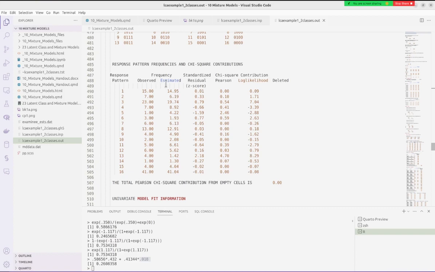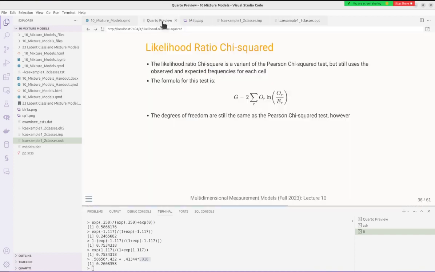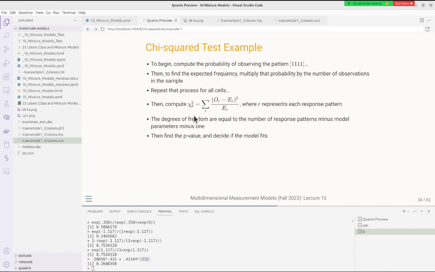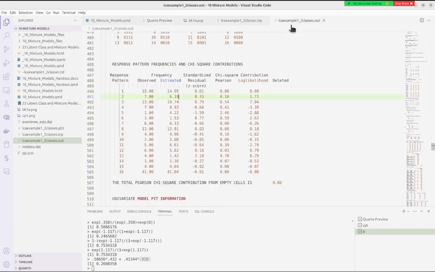For example, for the first pattern, we have 15 minus 14. But the difference is not there. This column, the chi-square Pearson column, is effectively observed minus expected. Let's go back to the formula. It is observed minus expected squared over expected for that cell itself. Oh, for each one, okay. That's right. Okay, great.